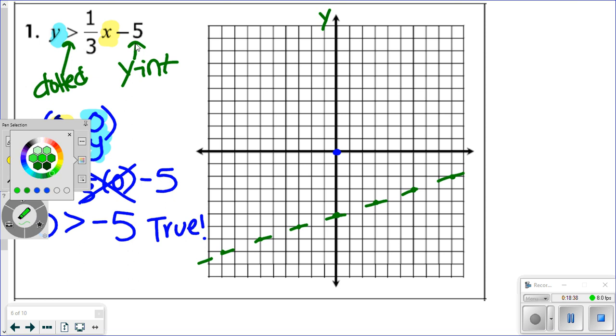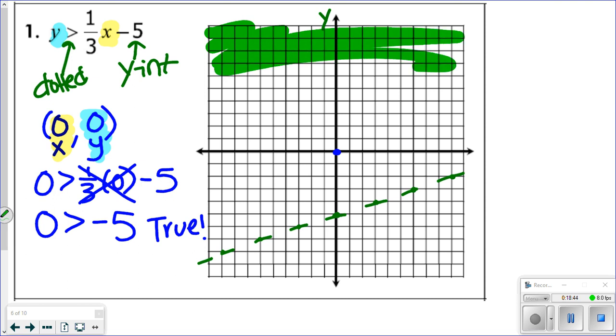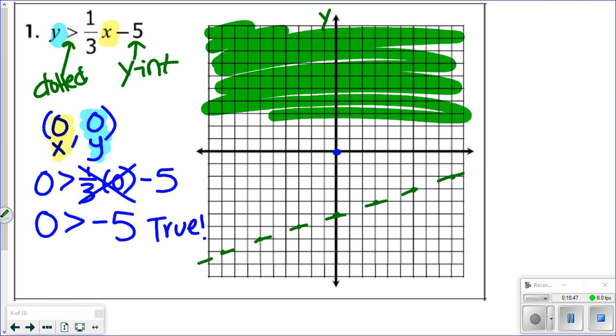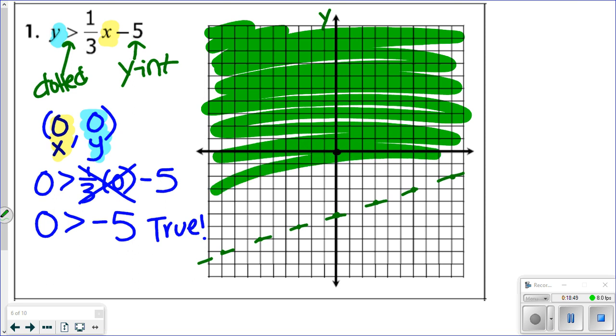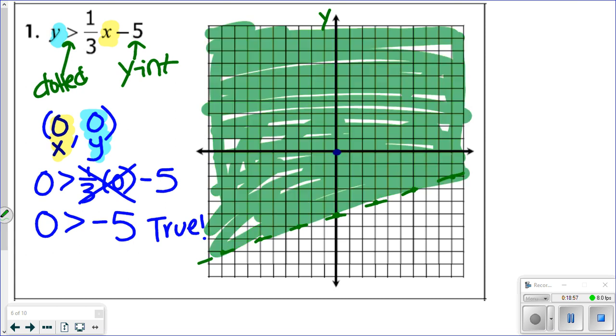Okay, so we are going to shade towards 0, 0 and everything above our line. So shade above your 0, 0.